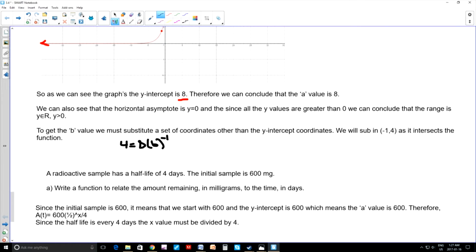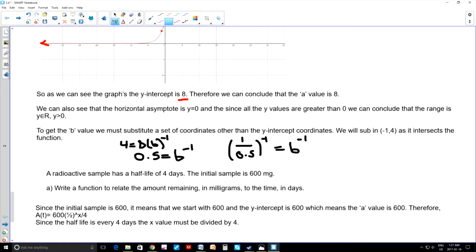Next, we can divide 4 by 8 to get rid of this, so it'll be 0.5 equals b to the power of -1. Now, we can also write 0.5 as (1 over 0.5) to the exponent -1, equals b to the power of -1.